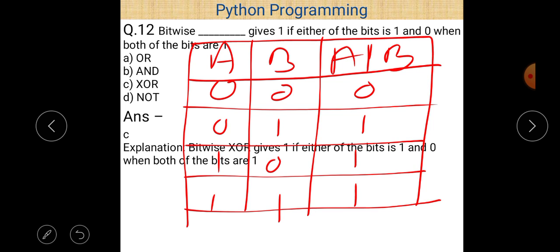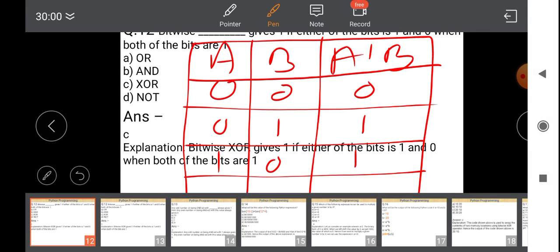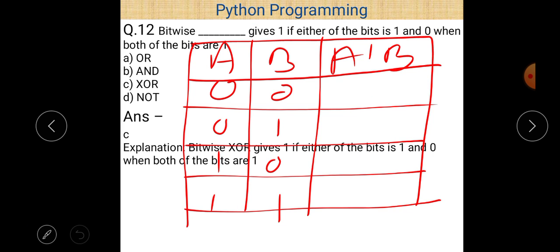Okay, now let us take the truth table of bitwise XOR. According to the definition of the bitwise XOR, if both inputs are found to be the same, then output is 0, otherwise output is 1.